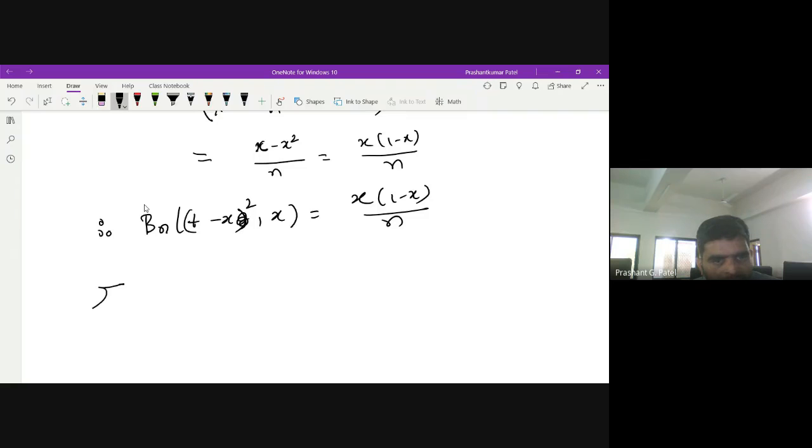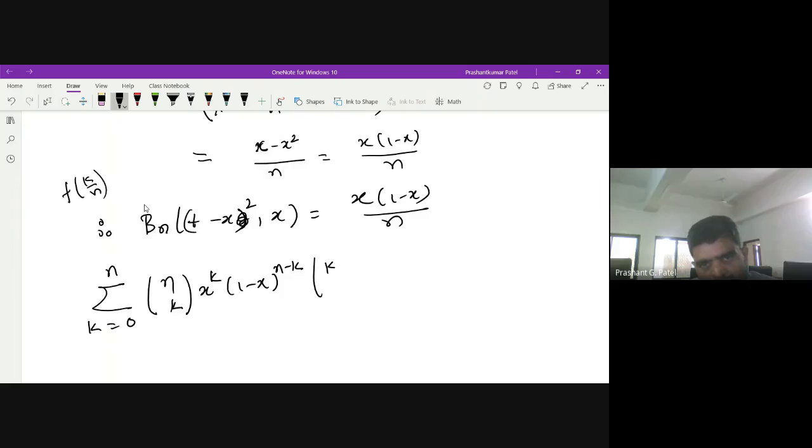Let me write that. Summation k running from 0 to n, nCk, x power k, (1 minus x) power n minus k. And instead of the function f of t, we have (t minus x) square, so instead of t, we have k by n. So this is (k by n minus x) whole square, which is equal to x into (1 minus x) by n.